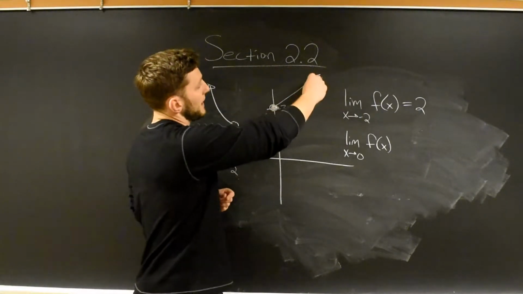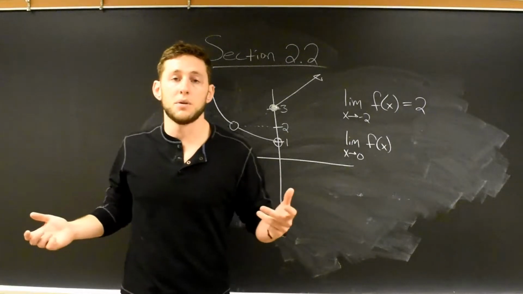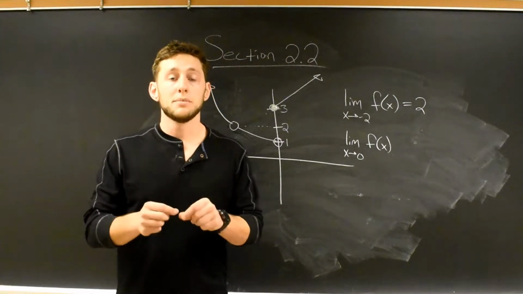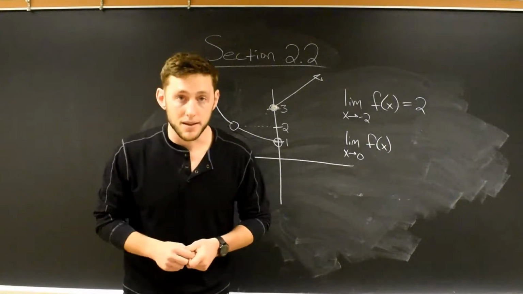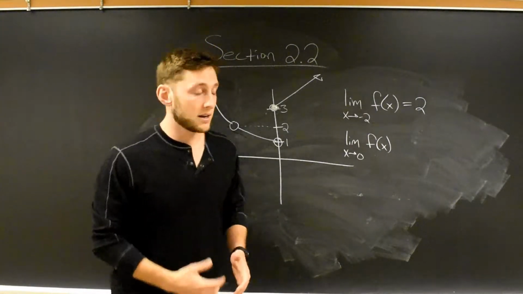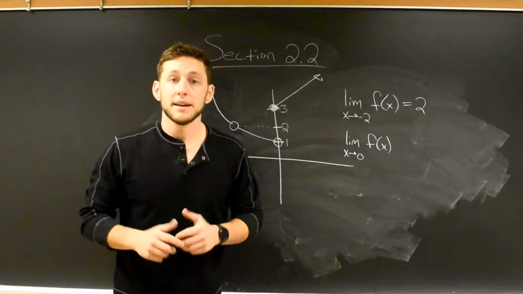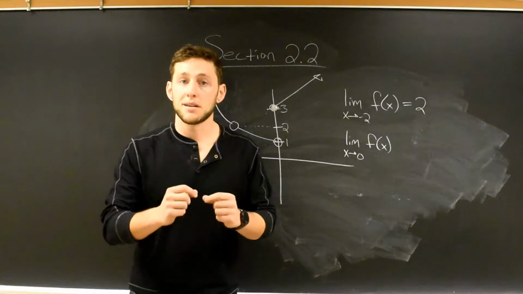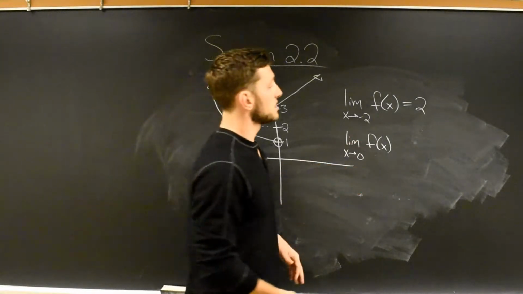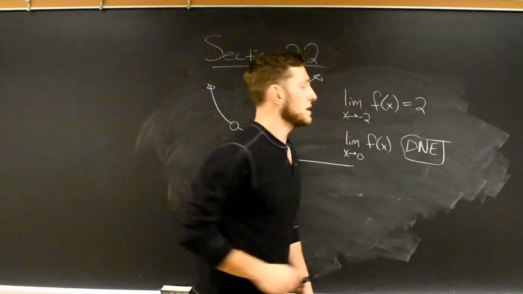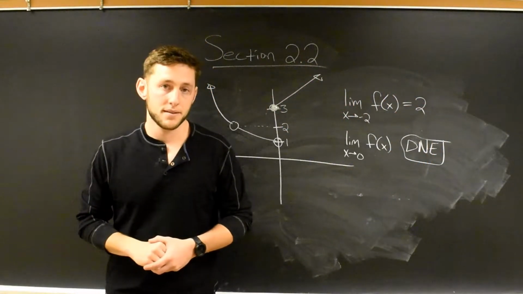As I approach from the right-hand side, I'd fill in the dot at y equals 3. Which one is it? Turns out, limits have no obligation to exist. If you can't agree on a value, 3, 1, they're both saying different things, that's when we say that the limit does not exist. If there's no such value that you can agree on, we say that the limit does not exist.